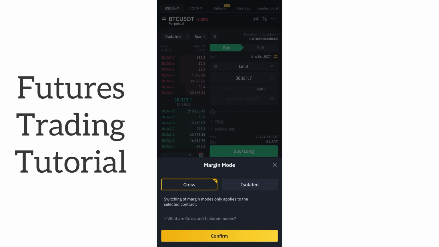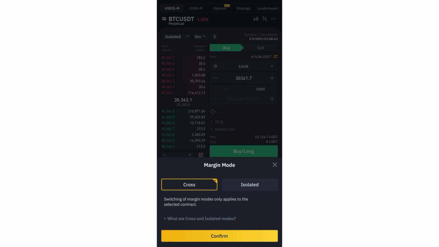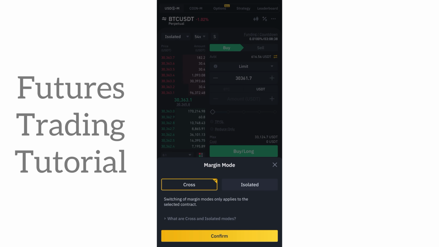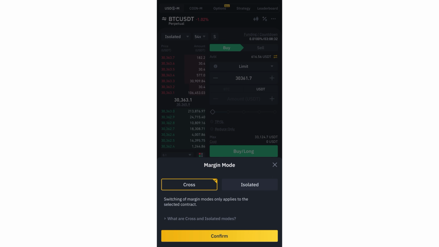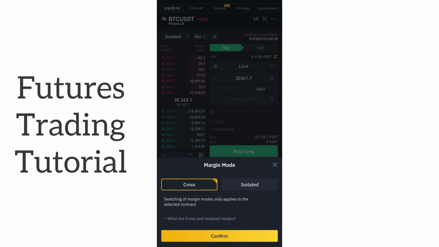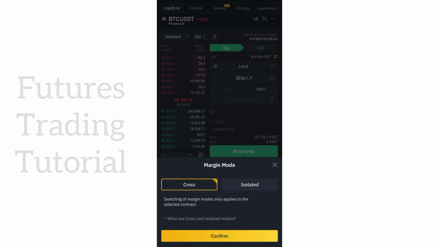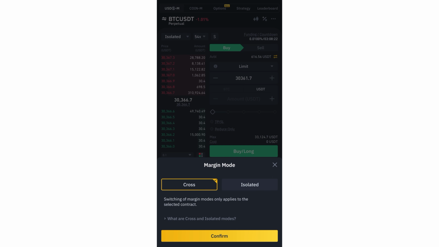So if you want a situation whereby, whenever your margin gets exhausted, instead of you getting liquidated, the market brings more money into that trade from your balance, you can use cross margin. But as for me, most of the time I use isolated margin, because isolated margin isolates the amount you put into that trade, and once you get liquidated, you get cut out of the trade.